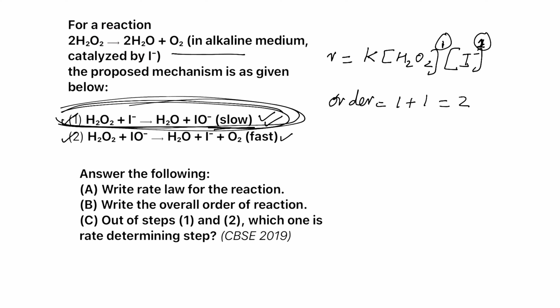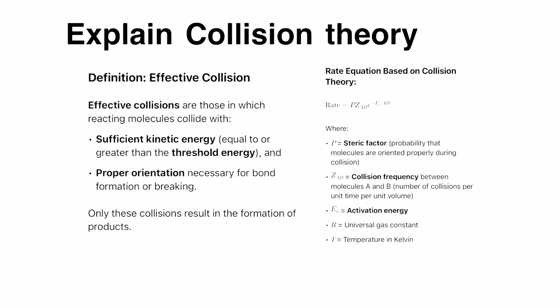That will be given in the question. Then they will say one of them is the slowest step, so you have to identify that. From that you can write the rate law, and from the rate law you can write the order. Hope you understand. It's a comparatively easy question, but a repeatedly asked question.